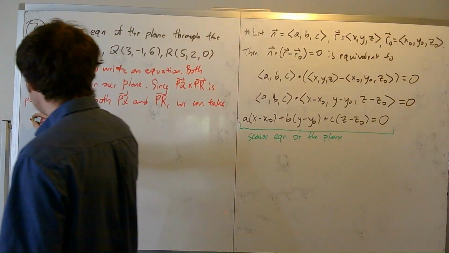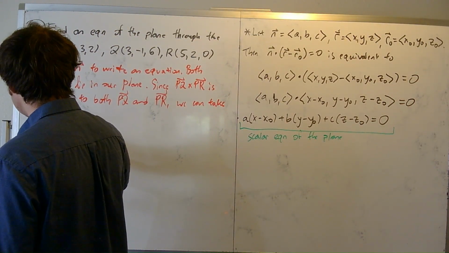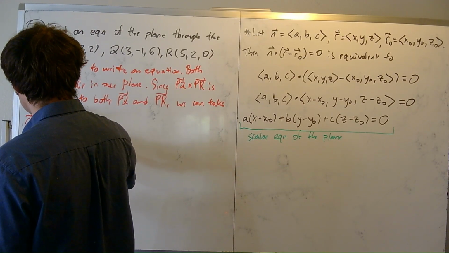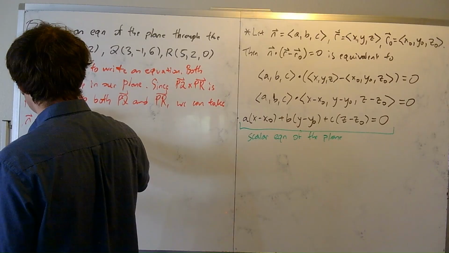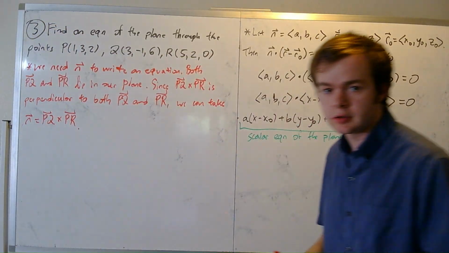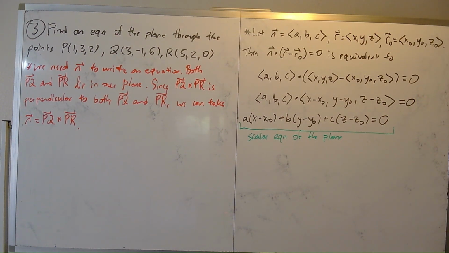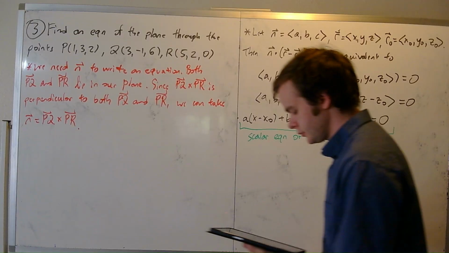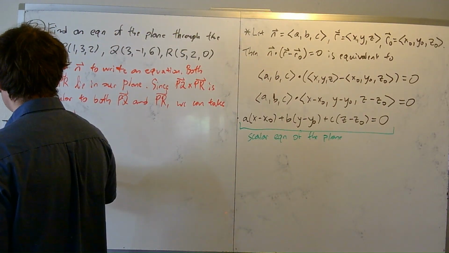So we can take our normal vector to be equal to PQ cross PR. Okay, so we can go ahead and do that. So now we've just got to figure out what the vectors PQ and PR are equal to. So let's first do PQ.